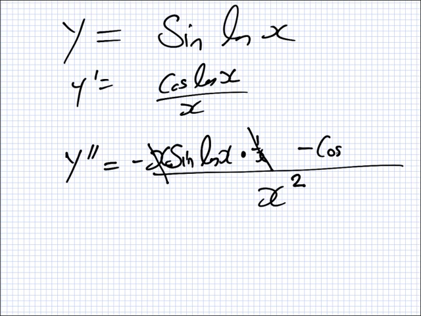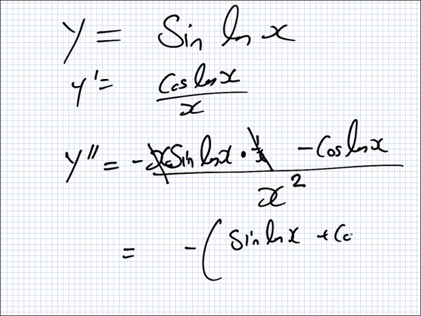Minus the top times derivative of the bottom, which is 1. So the answer is minus bracket sine log x plus cos log x over x squared.